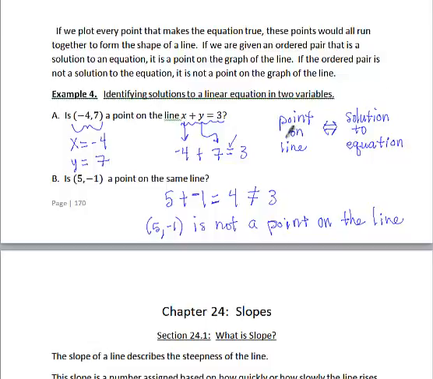A point on the line is a solution, and a solution is a point on the line. And with that, that completes chapter 23.